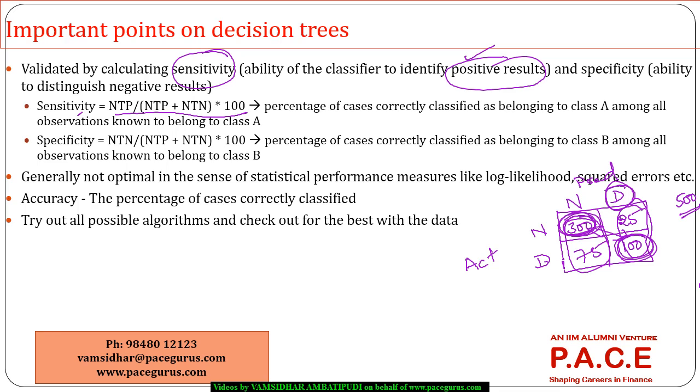So the number of true positives divided by the number of true positives plus false negatives: the percentage of cases correctly classified as belonging to class A among all the observations known to belong to class A. I think there is some problem with the formula here.